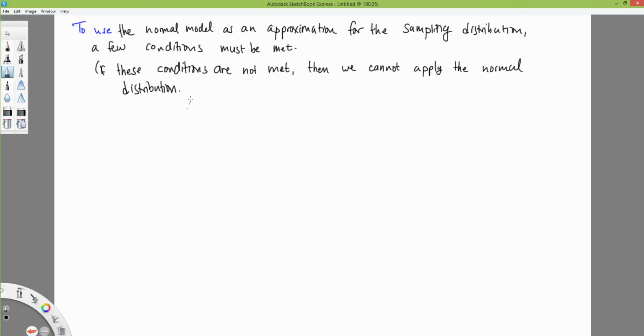This is also known as the conditions for using the central limit theorem. And the central limit theorem is basically just a fancy way of saying, hey, we can use the normal model to approximate the sampling distribution.